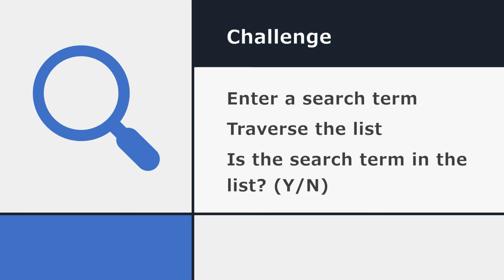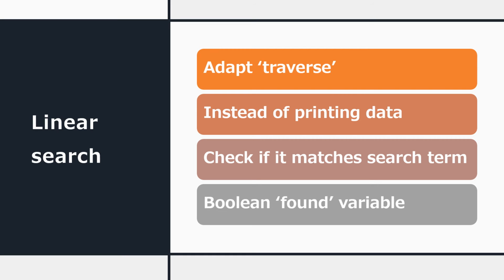For example, here's a challenge. Get the user to enter a search term, traverse the list using the commands that we've already learned, and return a yes/no value. Is the search term anywhere in the list? We could do this using the linear search.